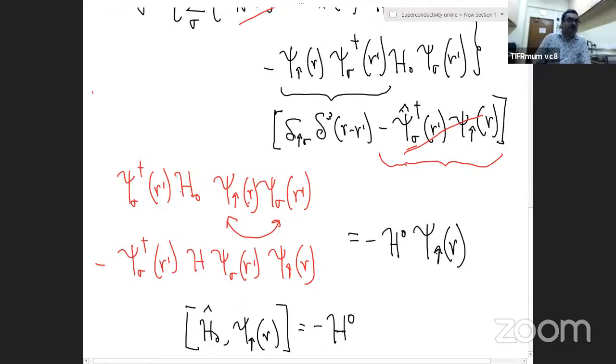H naught is of course the first quantized Hamiltonian, not the second quantized Hamiltonian. Psi up of R. Good.